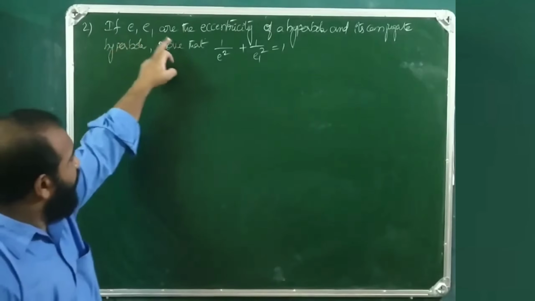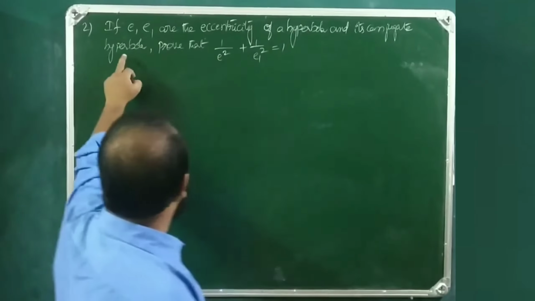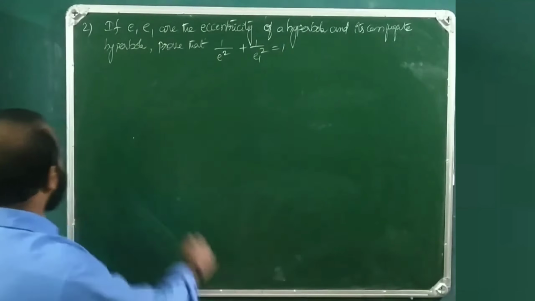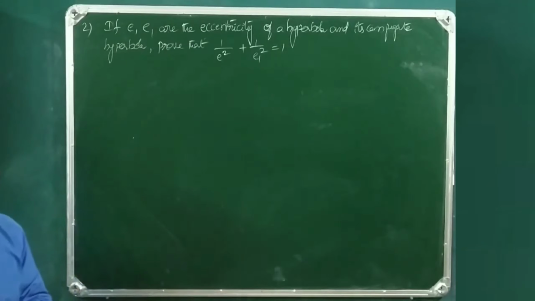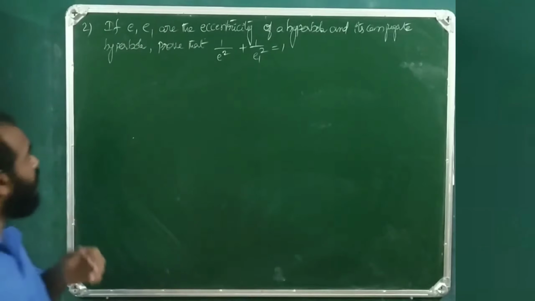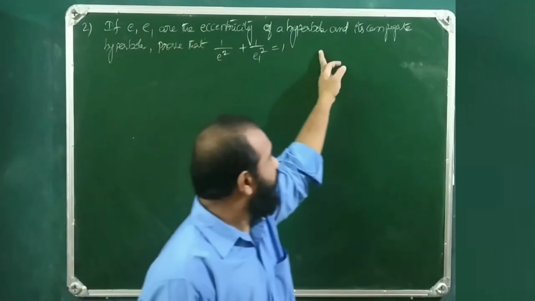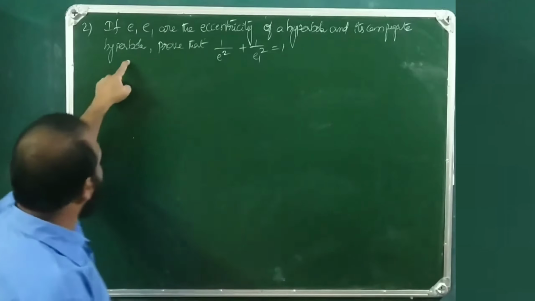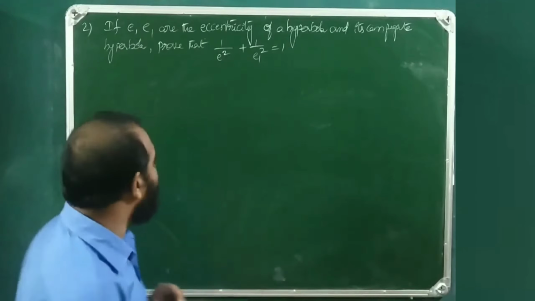If e, e1 are the eccentricities of a hyperbola and its conjugate hyperbola, prove that 1 by e square plus 1 by e1 square equals 1.